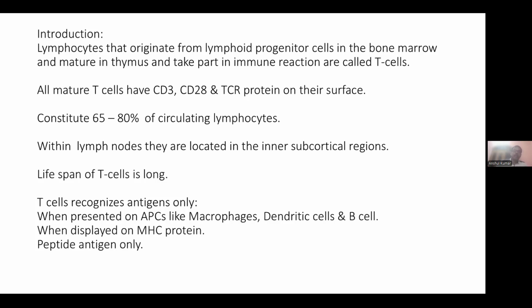But T cells recognize antigens only when they are presented on antigen presenting cells like macrophages, dendritic cells, and B cells. Second, they must be displayed on major histocompatibility complex protein, and only when they are peptide antigens, that is, proteinaceous in nature.